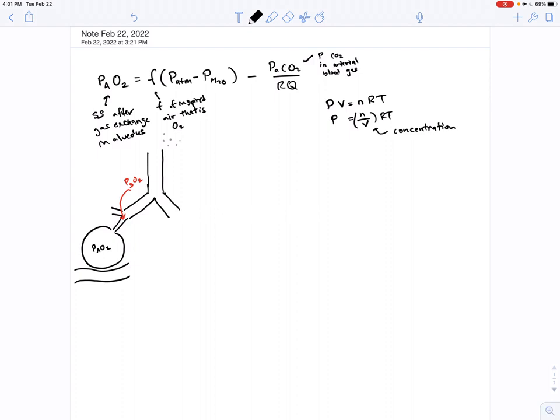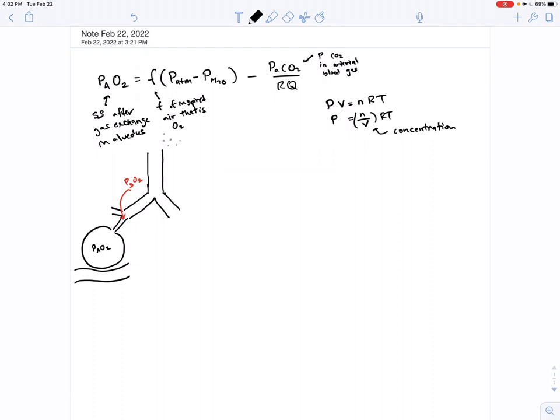So in other words, even though we use the term pressure, we could easily substitute the word concentration and get the same exact results. It's just by convention that we use partial pressure instead of concentration, and partial pressure is a little bit easier to measure because we measure a pressure and then a fraction and we can get partial pressure, as opposed to just measuring the concentration. But ultimately, from a chemistry standpoint, the concentration is really what we're talking about. So I just wanted to touch on that for a second.